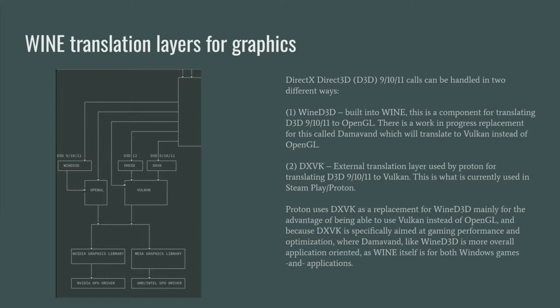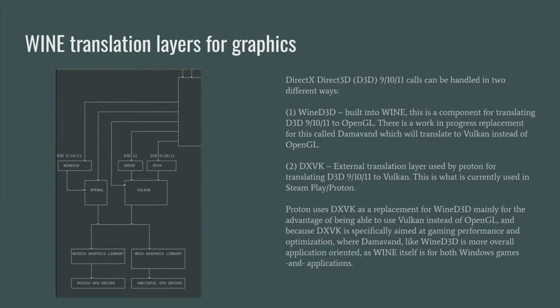DirectX 12 in specific is handled by VKD3D, which is a second portion, and we'll get to that in a moment. Proton uses DXVK as a replacement for WinD3D, as I said, mainly for the advantage of being able to use Vulkan instead of OpenGL. And because DXVK is specifically aimed at gaming performance and optimization, well, I'll tell you a little bit about Damavan in a minute.